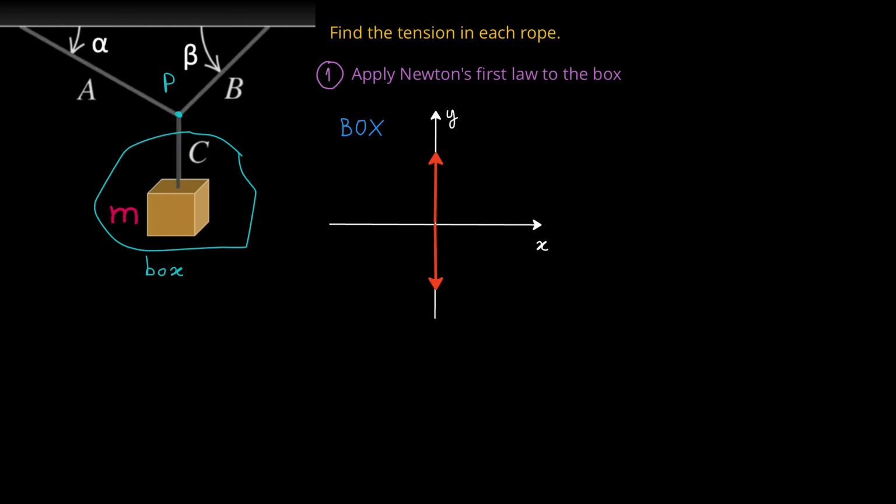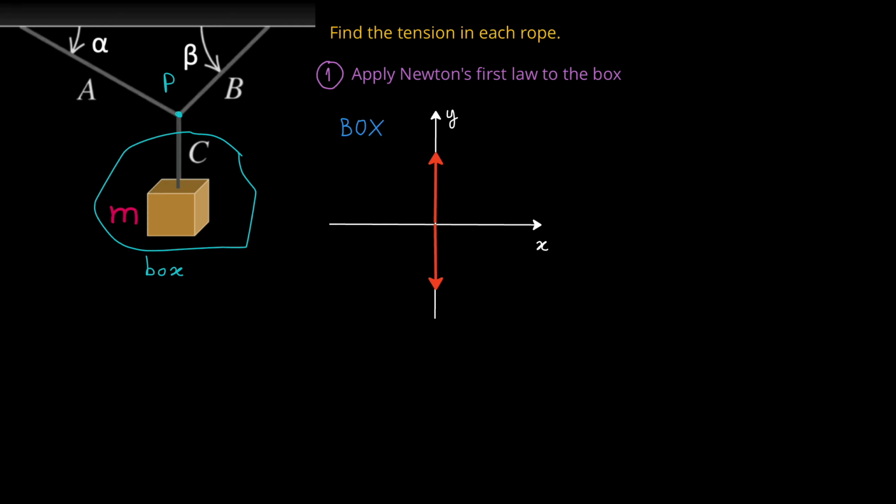On the other hand, the box is attached to rope C, so it's being pulled by rope C upward. That's a tension force, so that's the red arrow pointing up. In the free body diagram, I'm going to use F sub t for tension force. Because there are several tension forces in this problem, I'm going to label each one and name each one after the rope it is associated with.